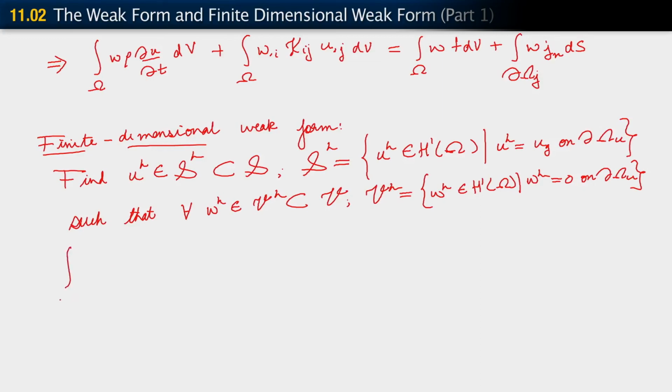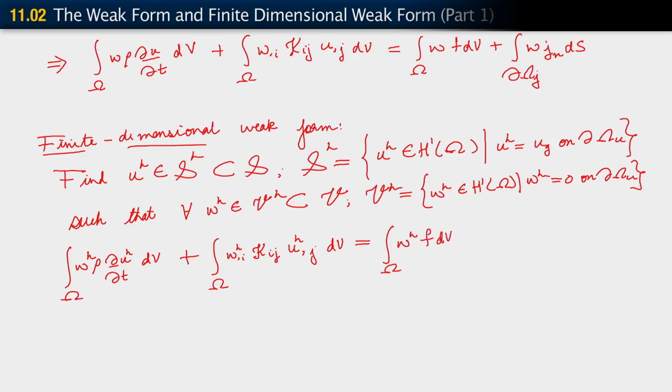So we say that the integral over omega of w^h rho times the partial time derivative of u^h dV plus the integral over omega of w^h comma i kappa_ij u^h comma j dV, and I realize I got the sign wrong, I brought in the equality too early, there's a plus sign here, equals the integral over omega of w^h f dV plus the integral over the Neumann boundary of w^h J_n ds.